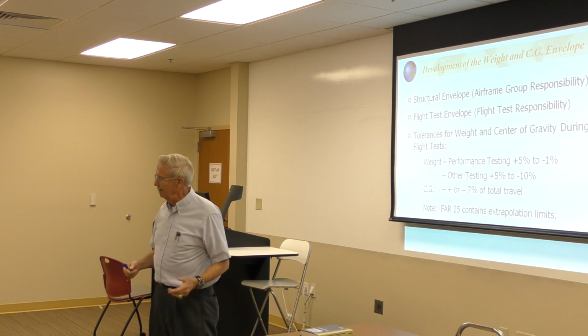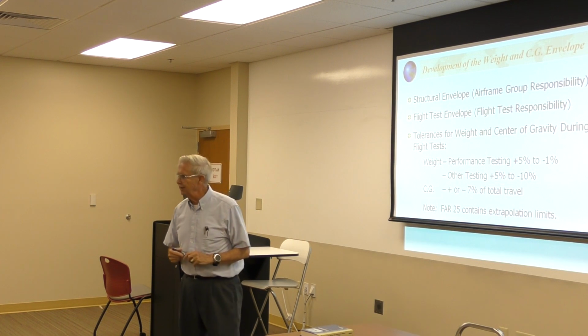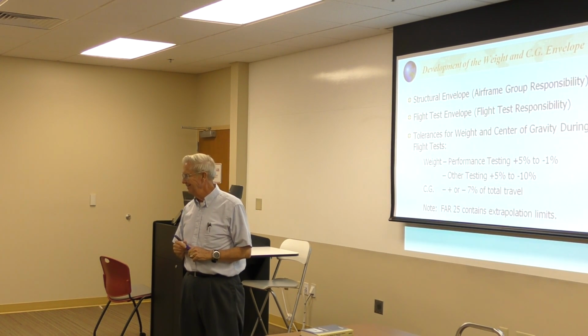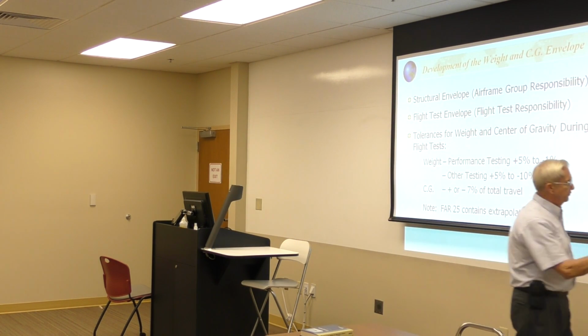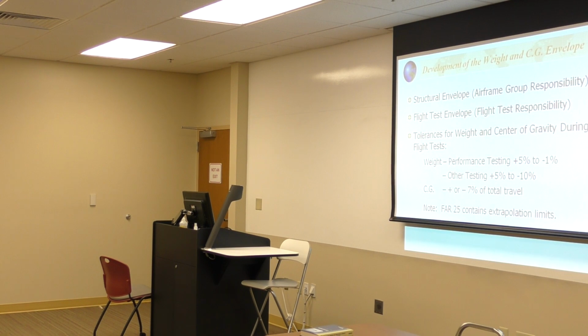Generally, when we get into the flight test, we find that we can't achieve that envelope without making changes. So we will come up with the flight test CG envelope, which would be this one for the Cherokee 6.